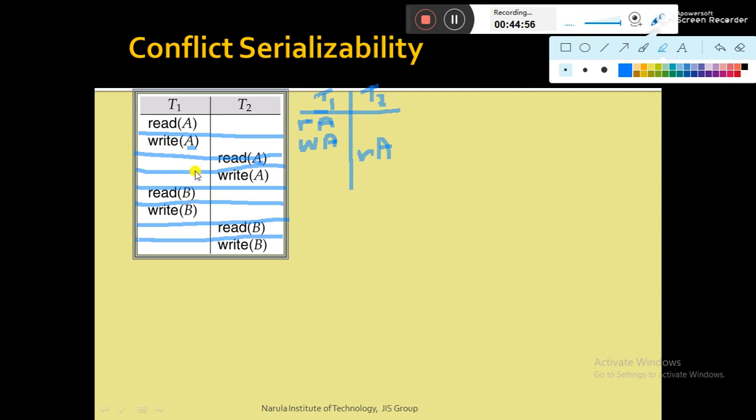change their order. So in that time slot T1 will execute, and in that time slot T2 will execute, so they will be swapped.